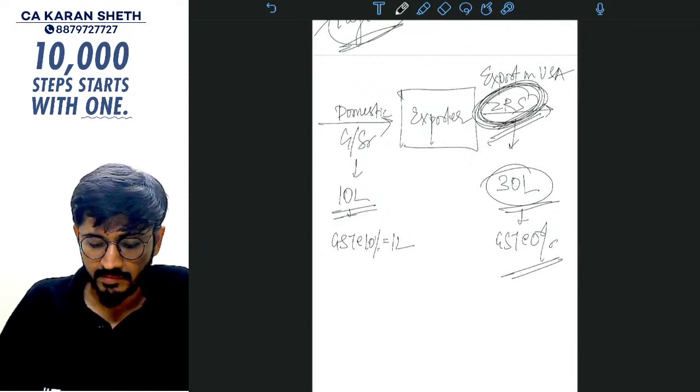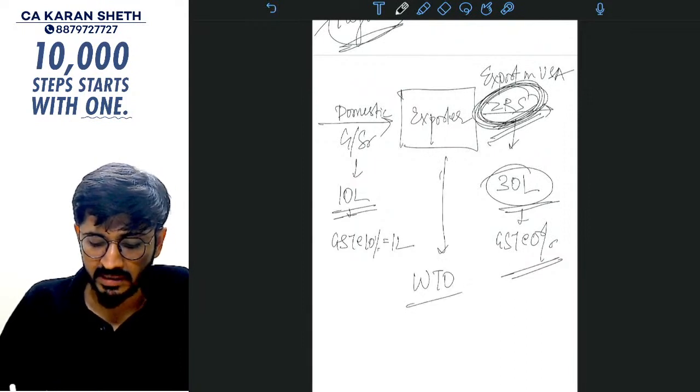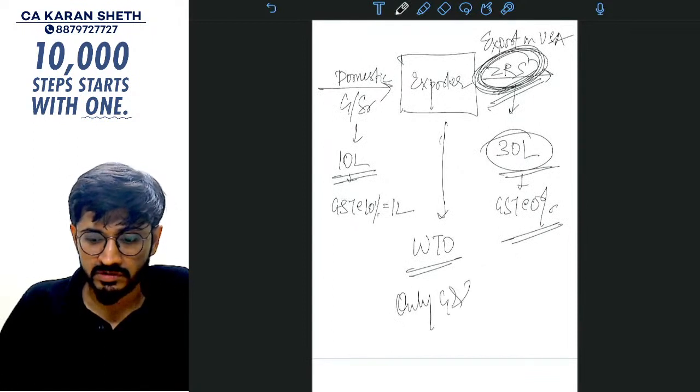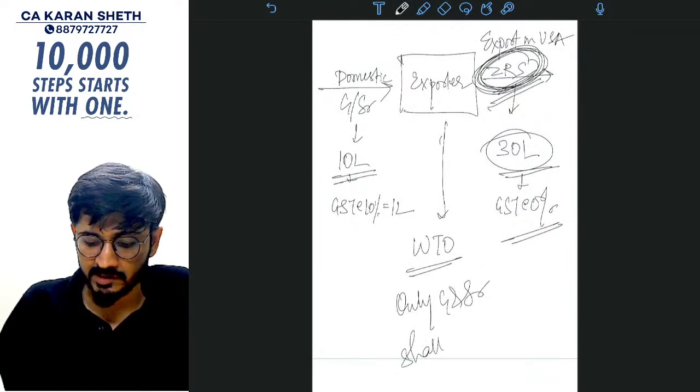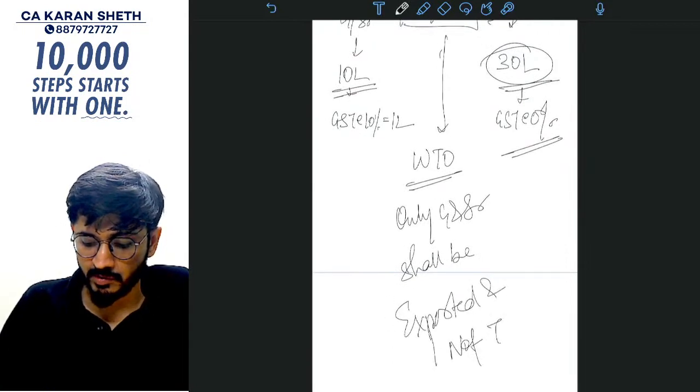Okay, simple. Now understand one thing. WTO came up with a norm that said that only goods and services shall be exported and not taxes and duties.